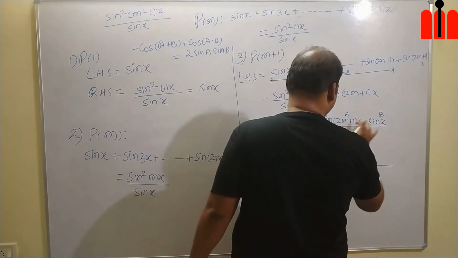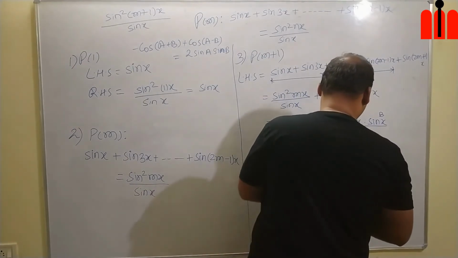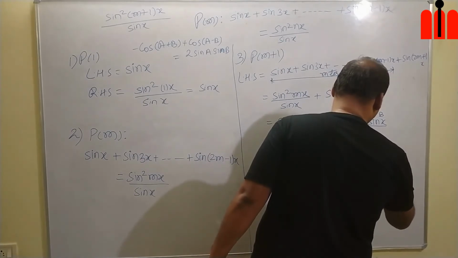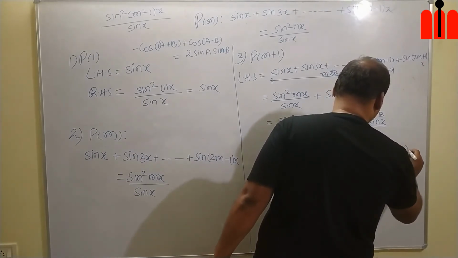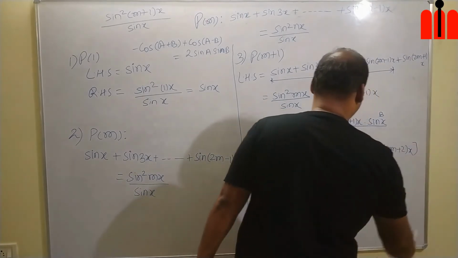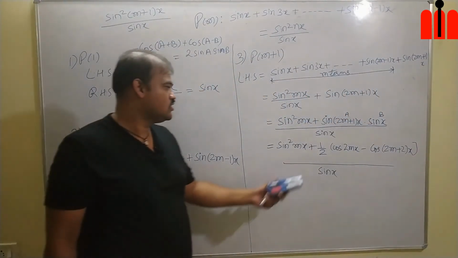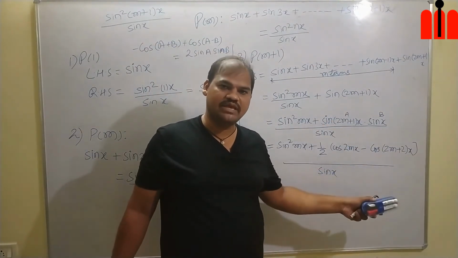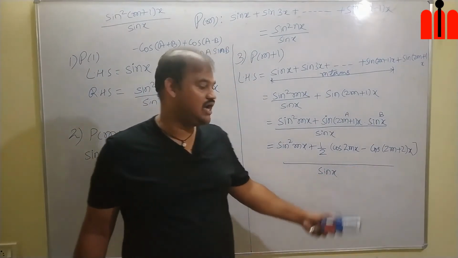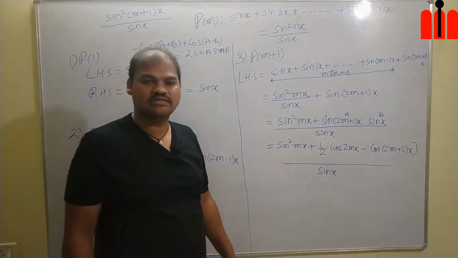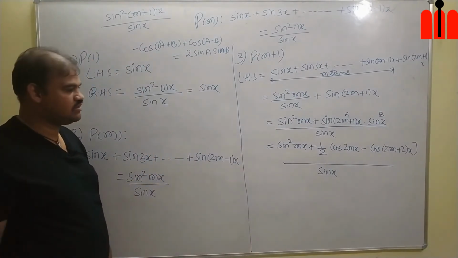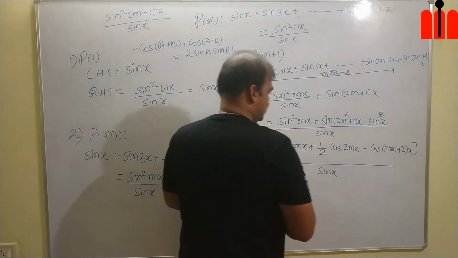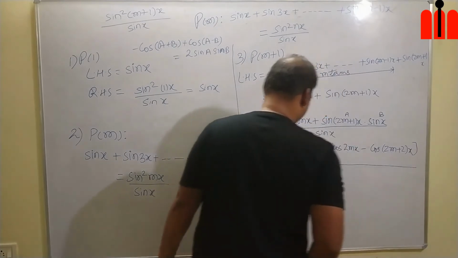So negative, a plus b will be cos (2m plus 2)x. So sine a sine b is drilled down to half of cos (a minus b) minus cos (a plus b). Okay, done. So this is one of the identities we had applied here.